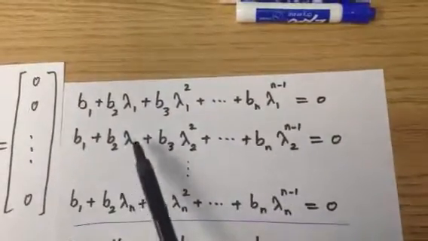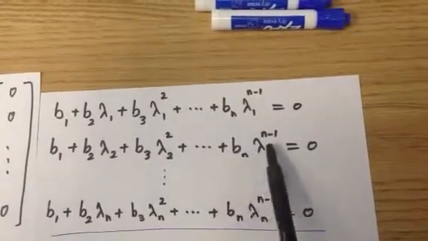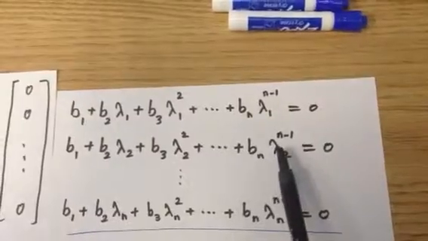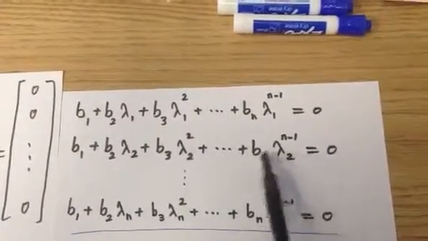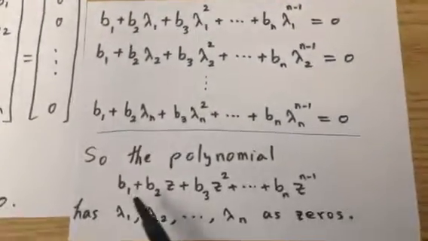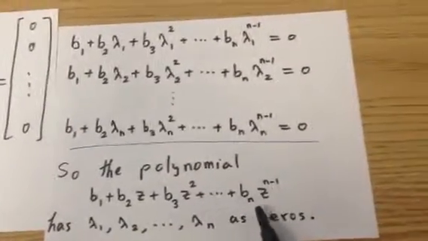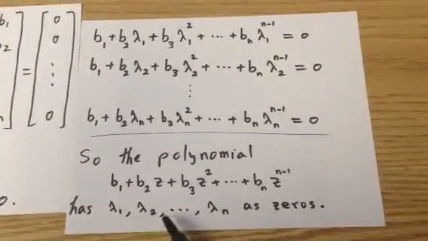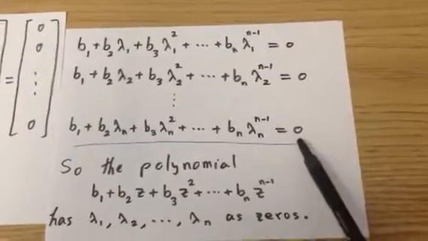Now notice that you have the same lambda raised to different powers from 0 all the way to n minus 1. So this is a polynomial evaluated at lambda 2, similarly at lambda 1 and lambda n and so on. So this polynomial b1 plus b2 z plus b3 z squared and so on to bn z to the n minus 1 has lambda 1 through lambda n as zeros because you have zeros here.